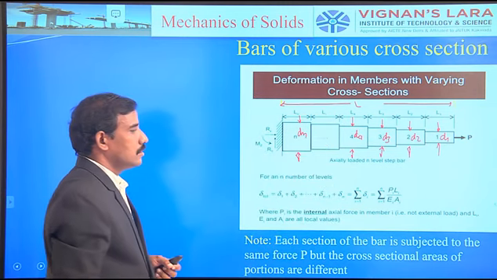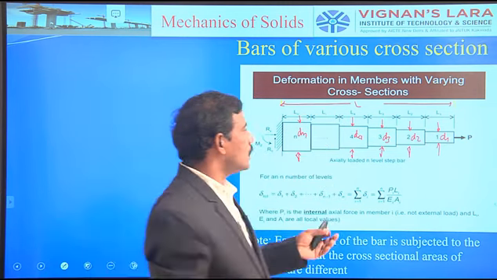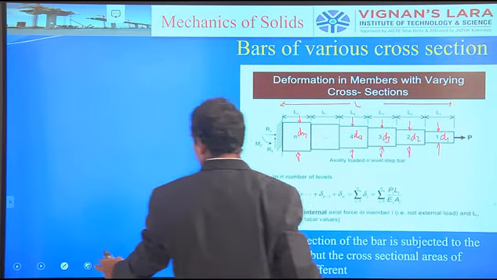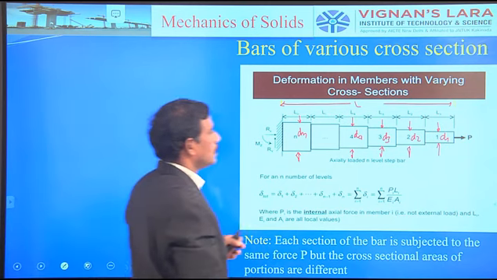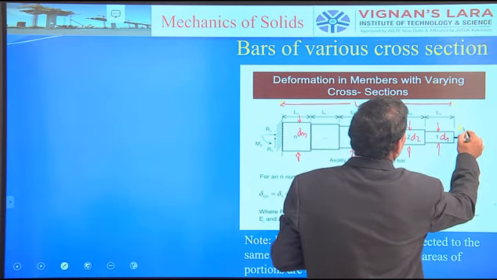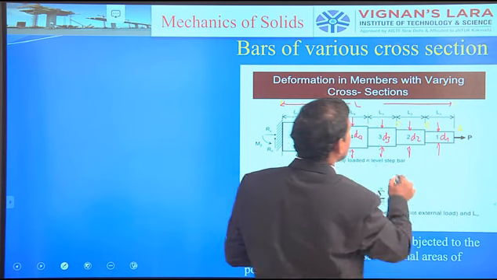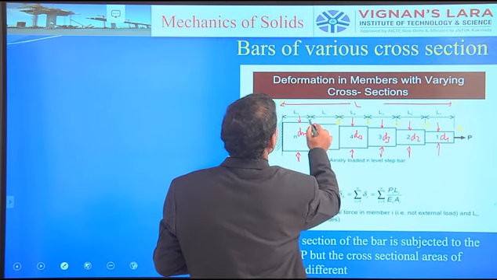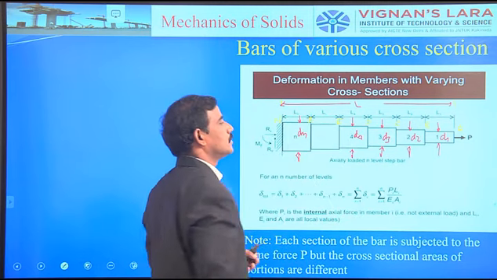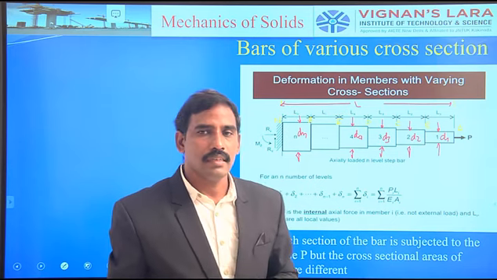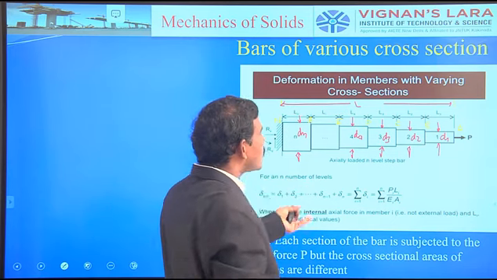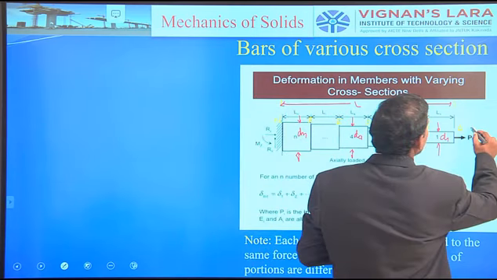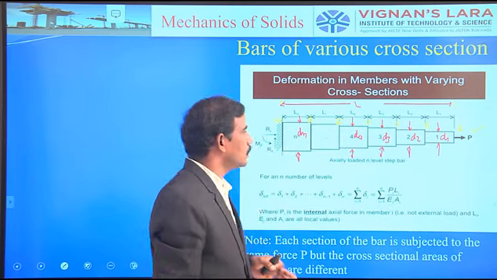What we have to calculate? You have to calculate the stress in each and every portion. The first portion is AB, the second portion is BC, the third portion is CD, and the fourth portion is DE, EF and so on up to the last. We have to calculate the stress and strain in each portion subjected to an applied load P, tensile in nature, as shown in the figure.